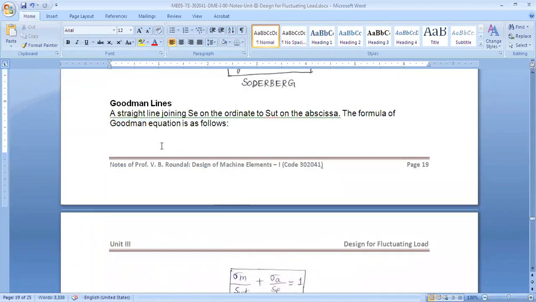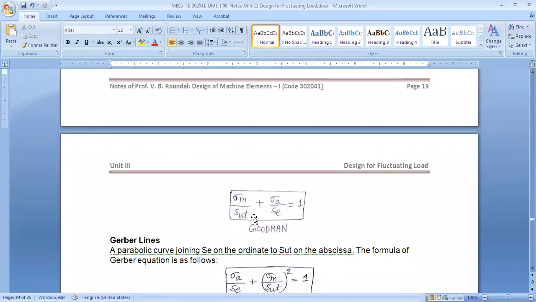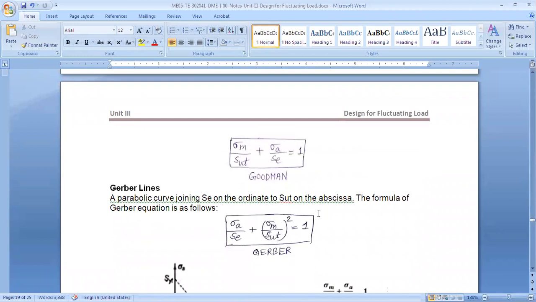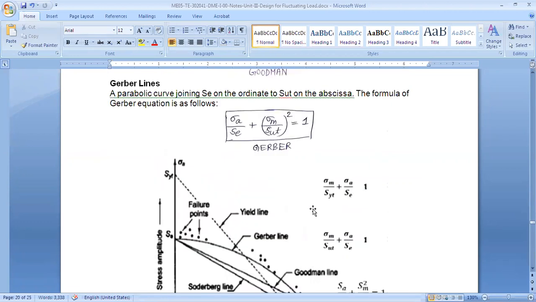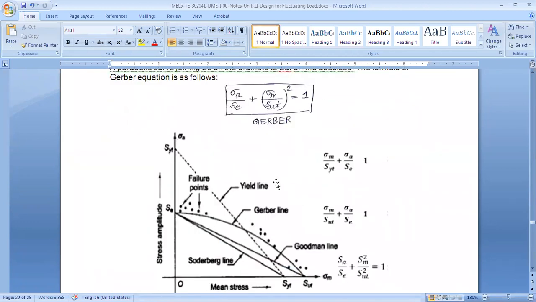So if you see the Goodman line, sigma m upon SUT plus sigma a upon SE is equal to 1. Clear? Because these two are straight lines, the equation is pretty straightforward. For the Gerber line, this end will remain the same, sigma a upon SE plus, but since it's a parabola, this will be sigma m upon SUT squared.